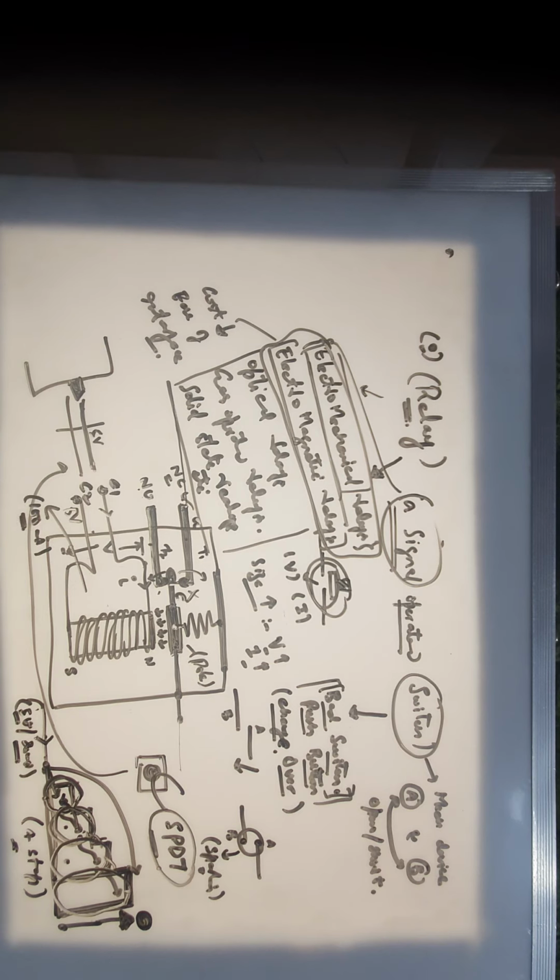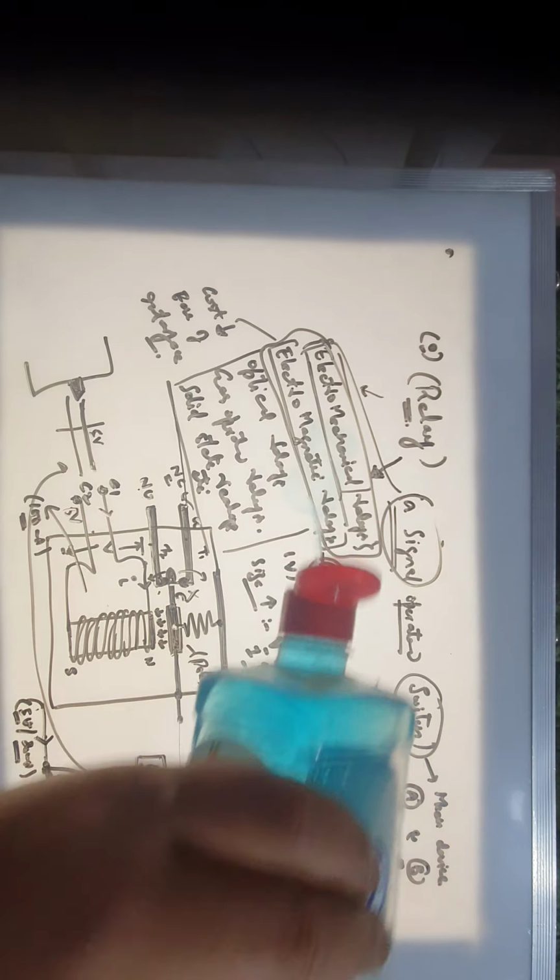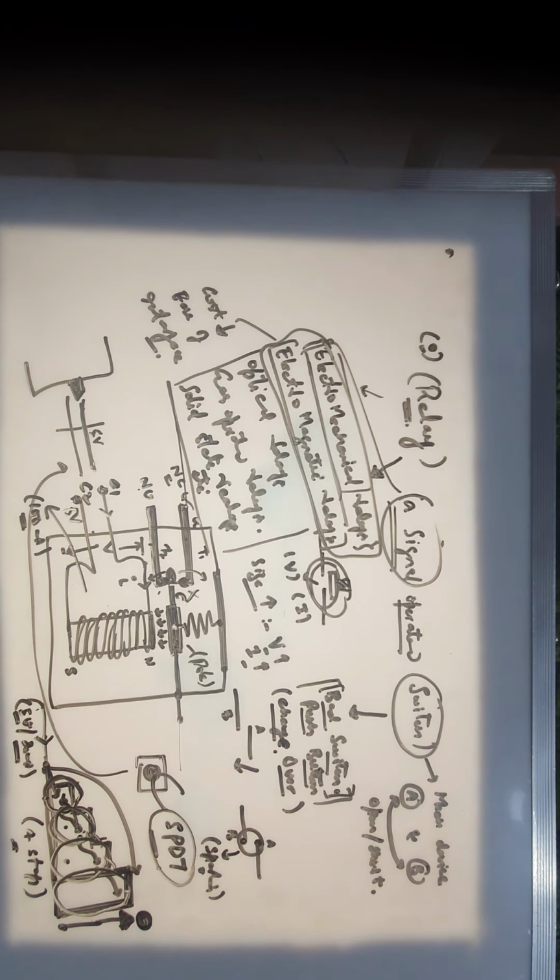So in order to drive this relay, you need one more driver, one more step prior to this, and those drivers are normally solid state drivers. So they are made up of solid state devices. We can use transistors, MOSFETs, SCRs, thyristors, IGBTs. There are many devices. New devices are coming every now and then, so you can use any of them.